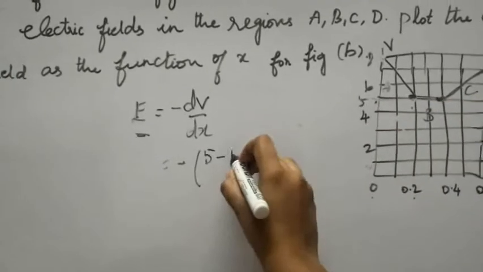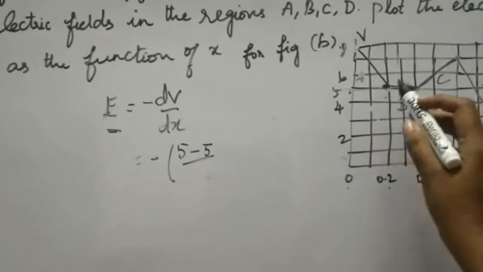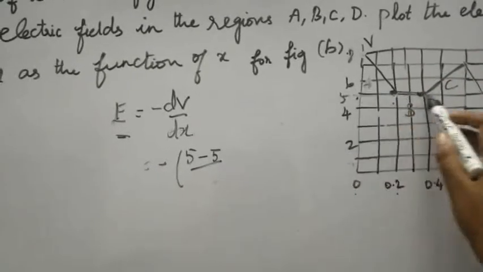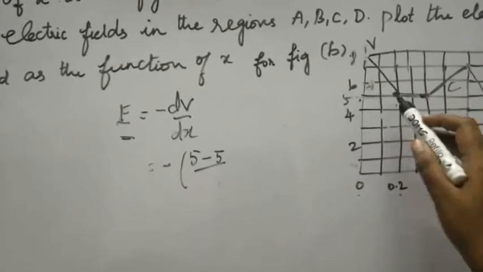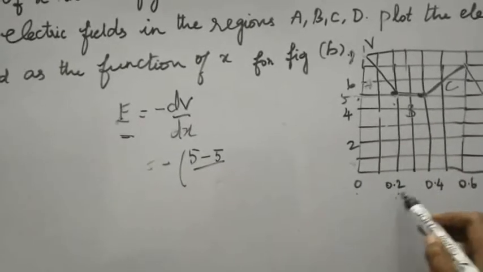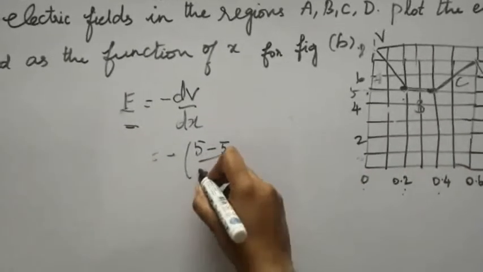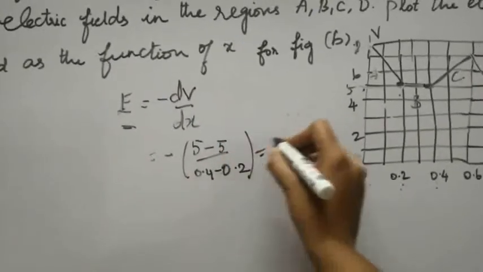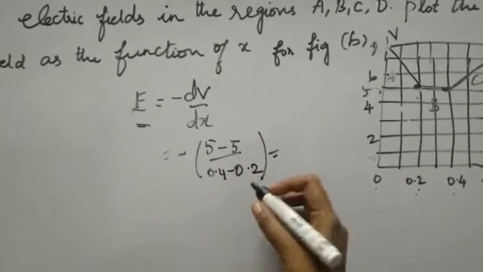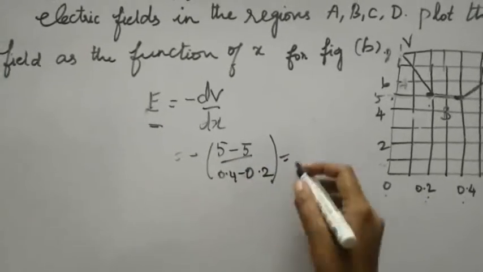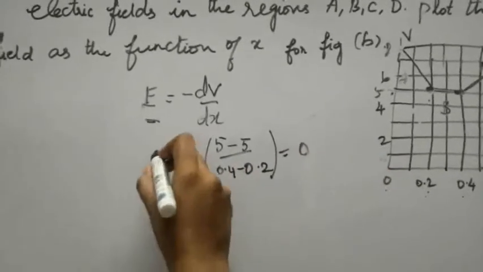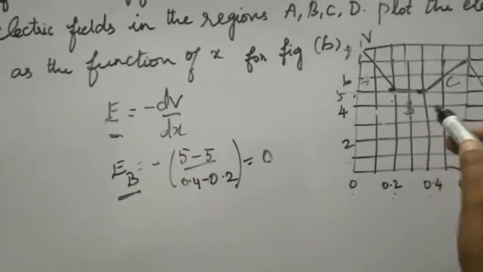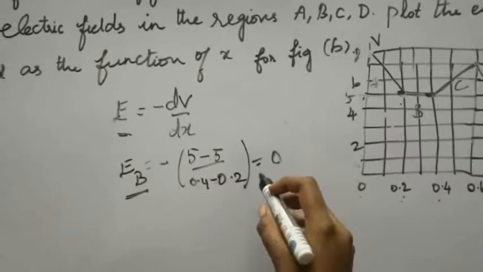So it is 5 minus 5 divided by, on the x-axis, you have to see here it is 0.2 to 0.4. So 0.4 minus 0.2. 5 minus 5 is 0, and 0 divided by any number is simply 0. So the electric field value for region B is constant, you can see it by the slope itself. So it is simply 0.